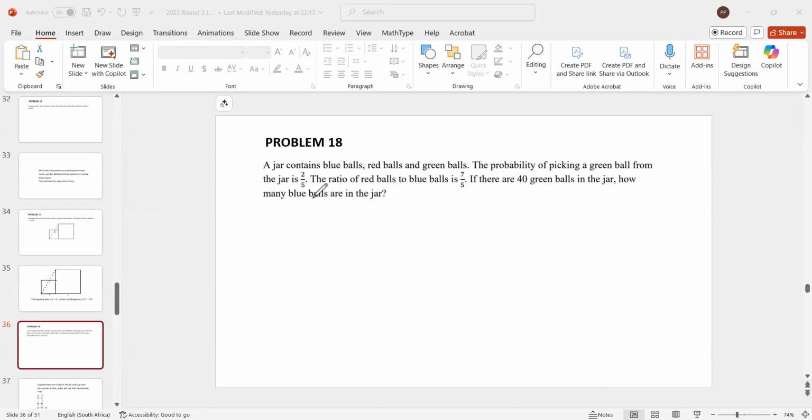Let's understand what that means. It means the chances of picking a green ball from the jar is 2/5. That means the number of green balls is equal to 2/5 of the total number.